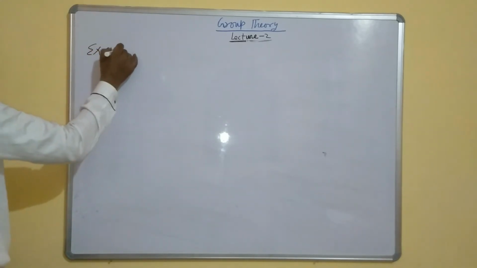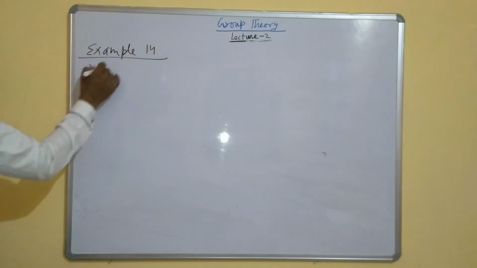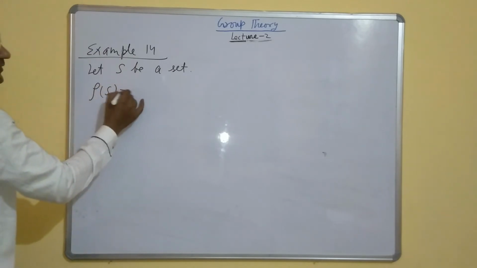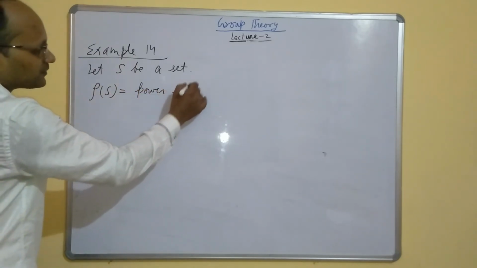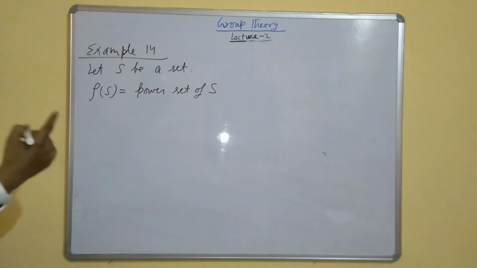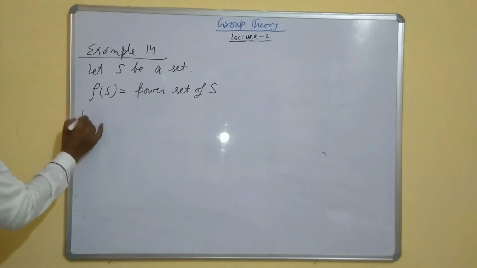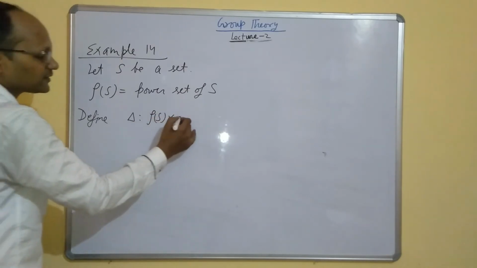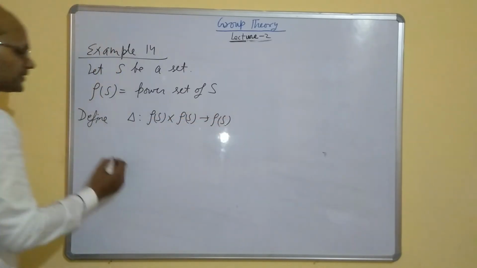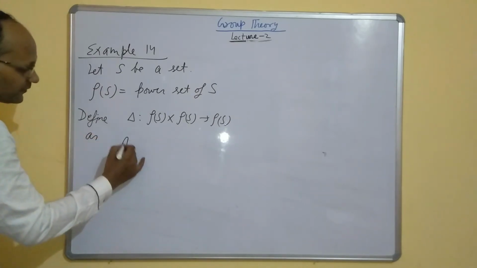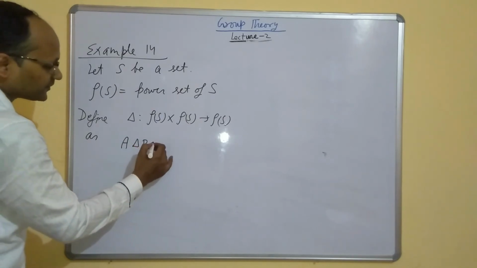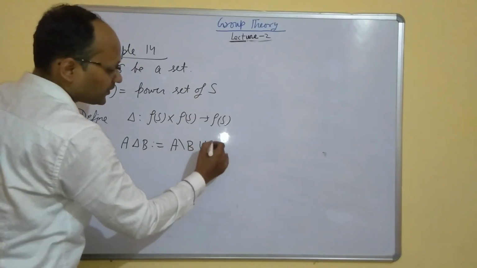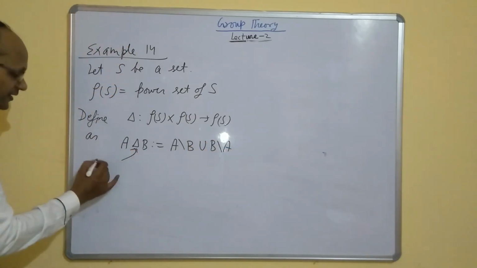Now come to the next example, example number 14. So let us set P(S) is the power set of S. Power set means set of all subsets of S. So now define an operation delta from P(S) cross P(S) to P(S) as, if I take two sets A, B, then A delta B is defined as (A minus B) union (B minus A), and it is usually called symmetric difference.